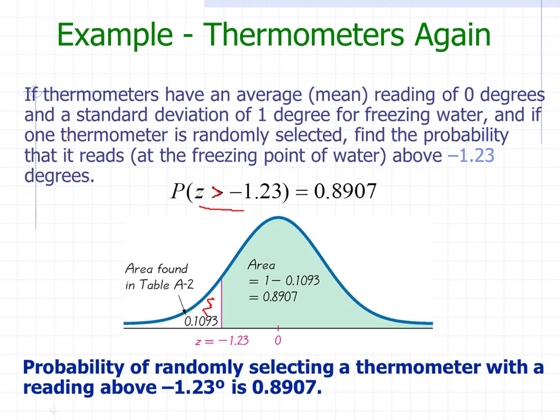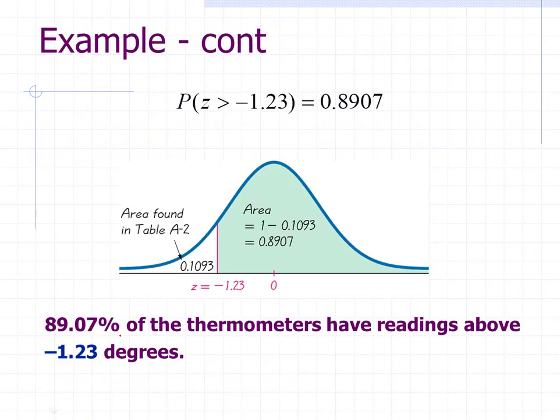And so the probability of selecting a random thermometer with a reading above a negative 1.23 is about 89%. Okay, let's keep going with the table. And so 89.07% of the thermometers at the freezing point of water will have readings above a negative 1.23 degrees.